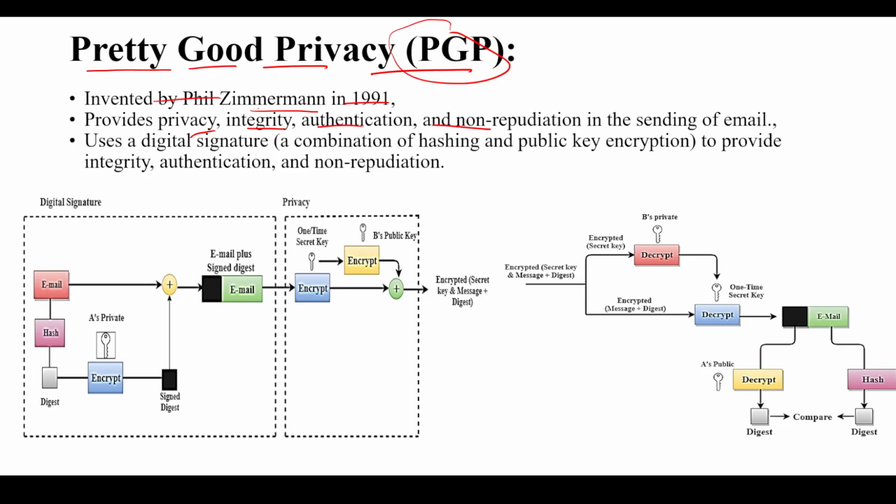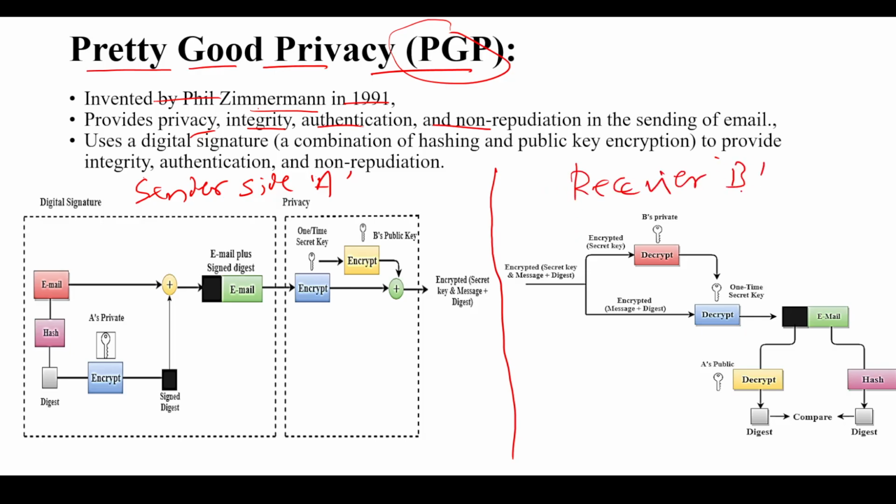We will see through this algorithm the sender side working. Let's consider sender A, and this is receiver B. How is the PGP algorithm used for providing security?